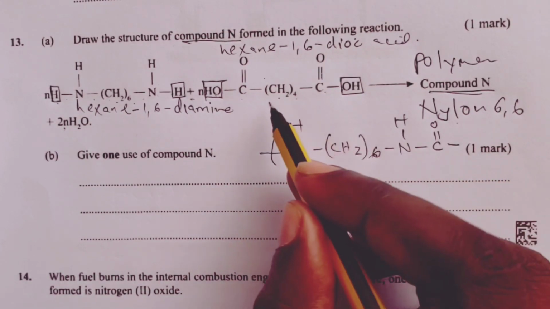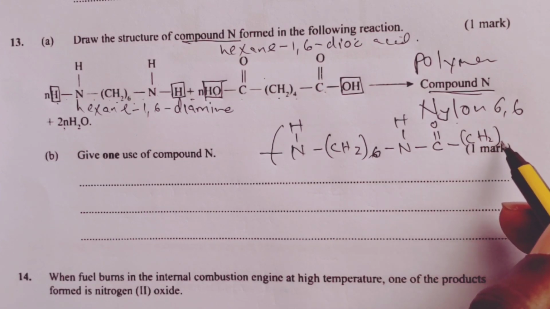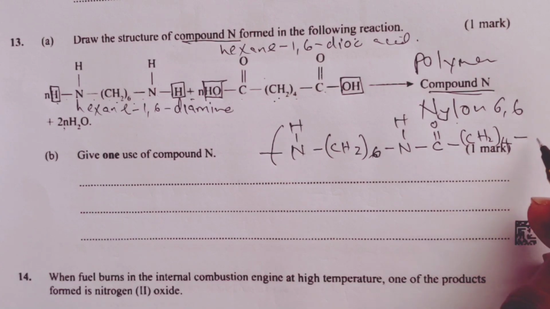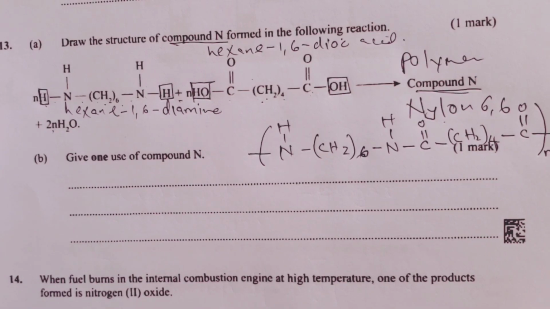Then we proceed to CH2 appearing 4 times here. Then we finally have carbon here, again covalently linked to oxygen via a double bond. That marks the end of our polymer, so we close and put N outside the bracket.